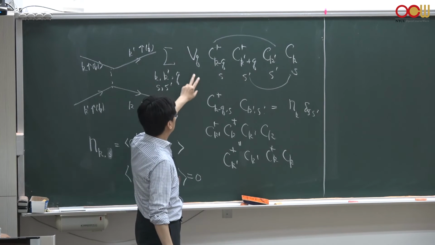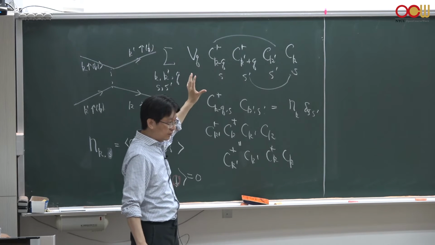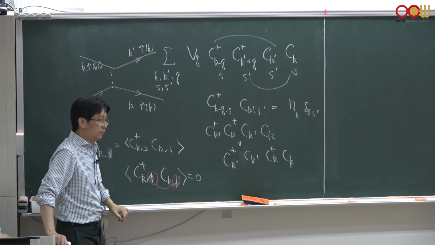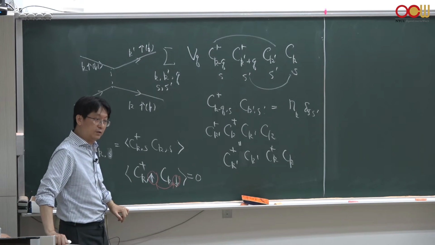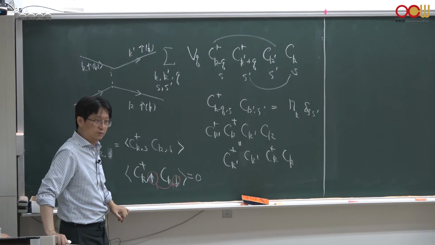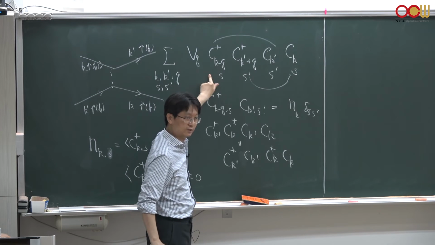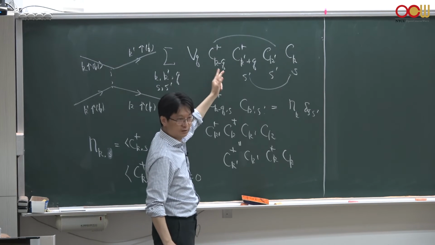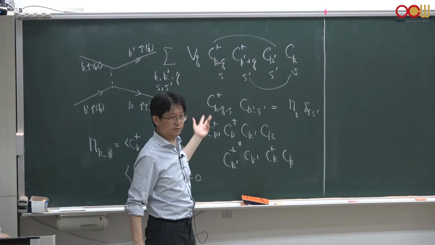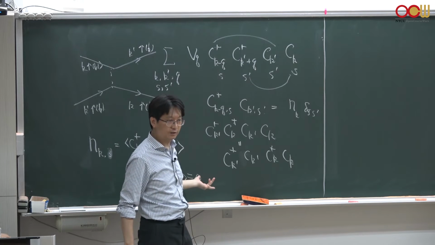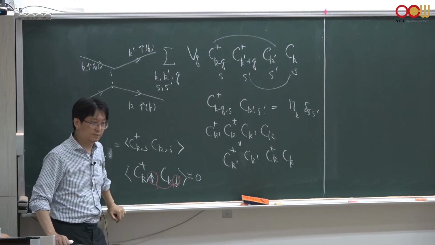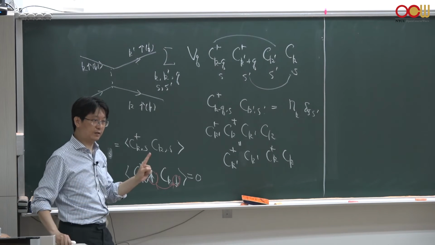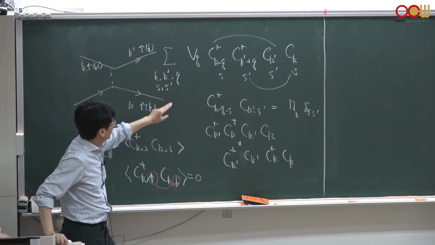The point is that within the second order perturbation of the Hartree-Fock approach, there is no way that a spin up electron interacts with a spin down electron, because of precisely this point. If you pair up, there's no way that S is not the same as S prime. If this is the case, you get 0, nothing. So there's no way that the spin up electrons can interact with spin down within this framework.